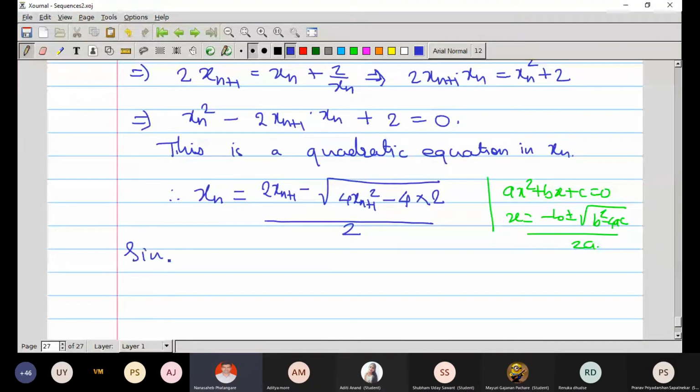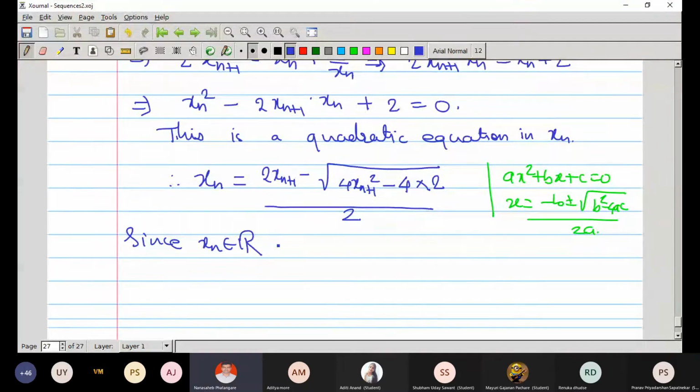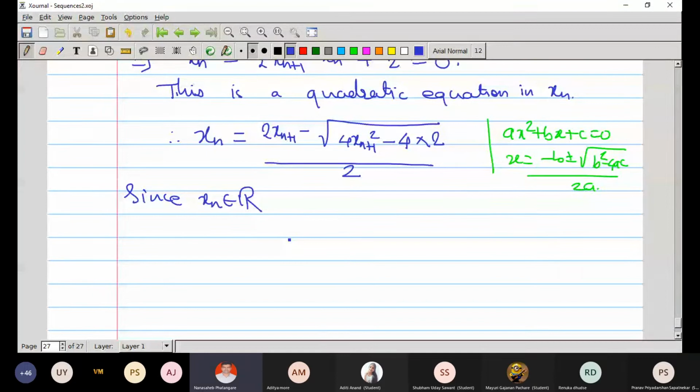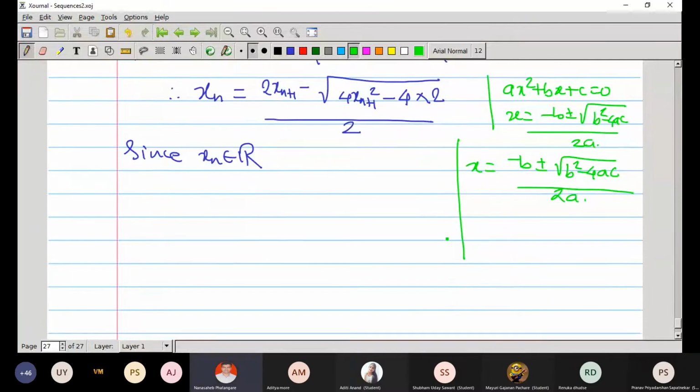So since xn's are real numbers, let us go to the theory of quadratic equations. Suppose you have quadratic equation ax square plus bx plus c is equal to 0. What are the roots? x is equal to minus b plus minus square root of b square minus 4ac, divided by 2a.